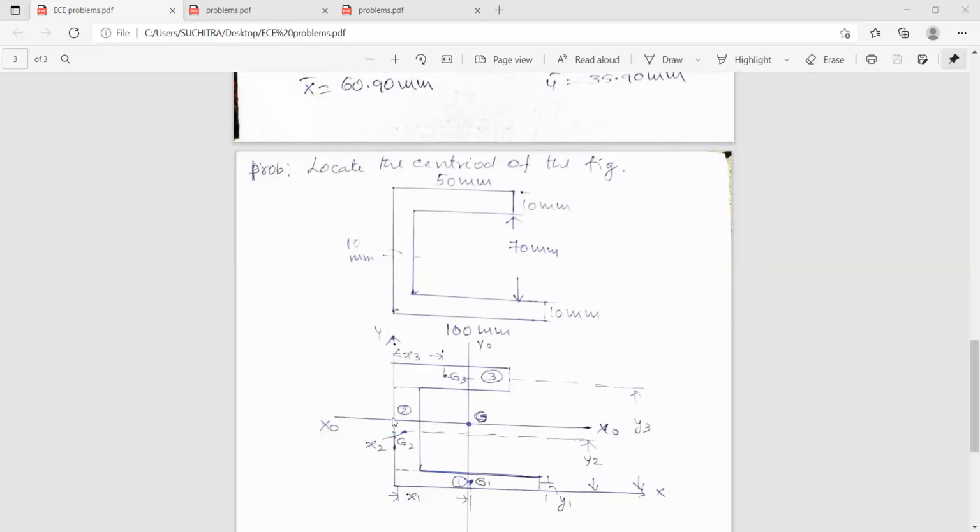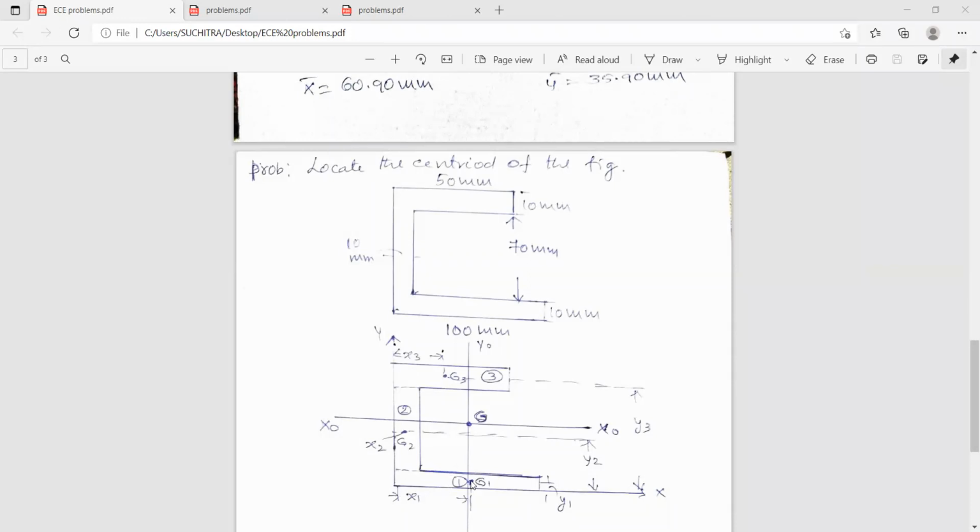So first you select the reference axis. So this is X and Y axis, and you divide the figure into three parts. So I have taken this as 1, this as 2, and this as 3. So these are the corresponding values of x1, x2, x3.